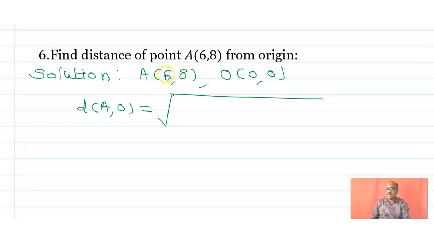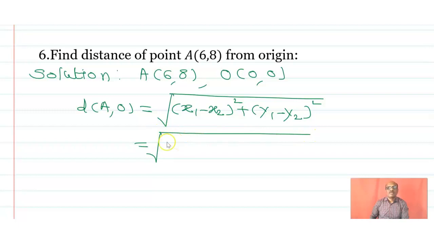if this is x1, x2, meaning what? This is x1 minus x2 bracket square plus y1 minus y2 bracket square. And what will you get here? That is 6 minus 0 bracket square, 8 minus 0 bracket square means what?